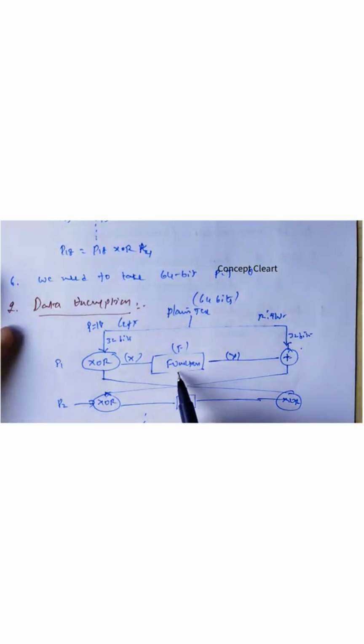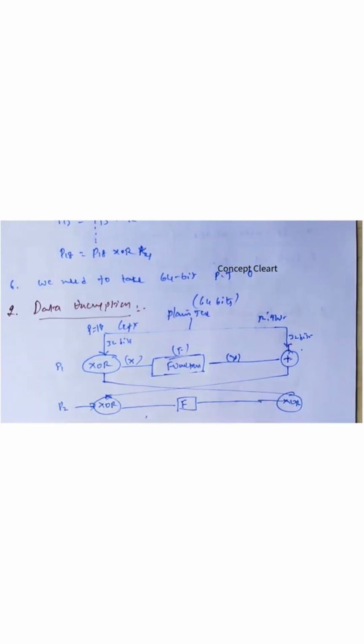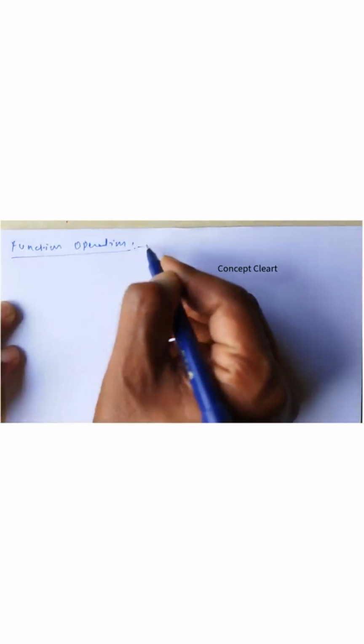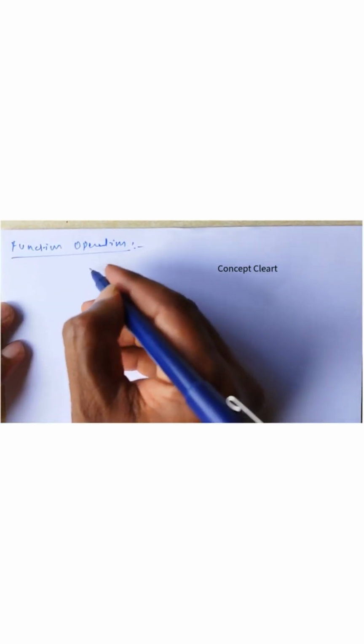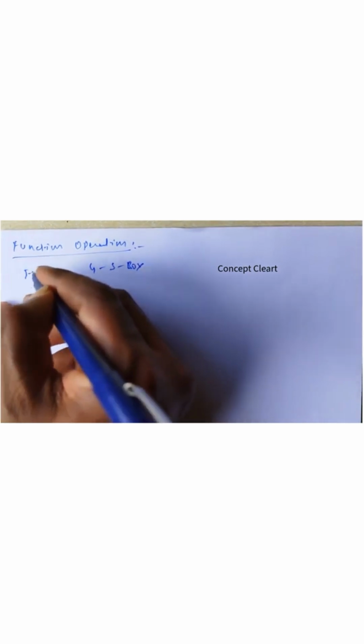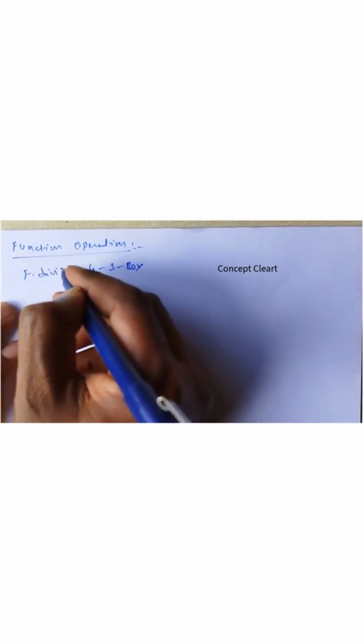And what is the function operation that will be performed inside the function? Actually, what will happen? We will see here. The function is divided into four S boxes.